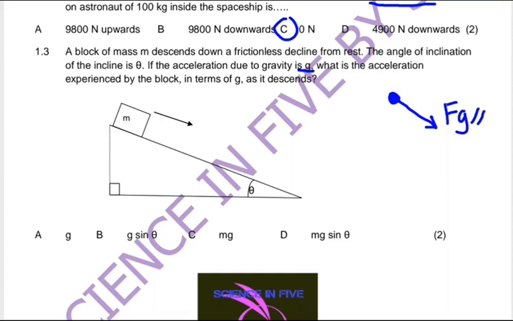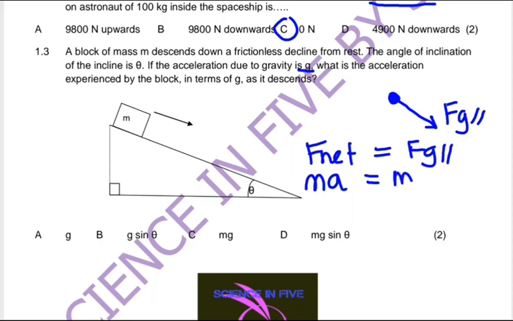Now we know that if there is only one force that acts on an object, that force automatically becomes the net force. There are no other forces opposing this. So we can see that ma is now equal to F g parallel, which is equal to mg times the sine of theta.